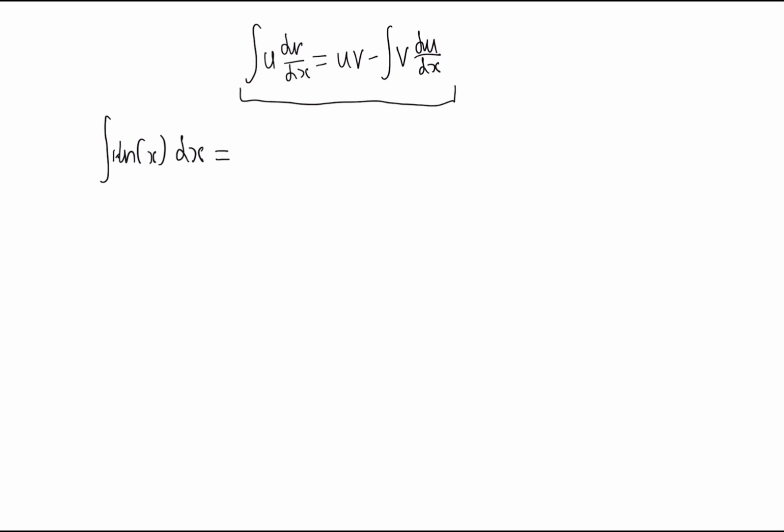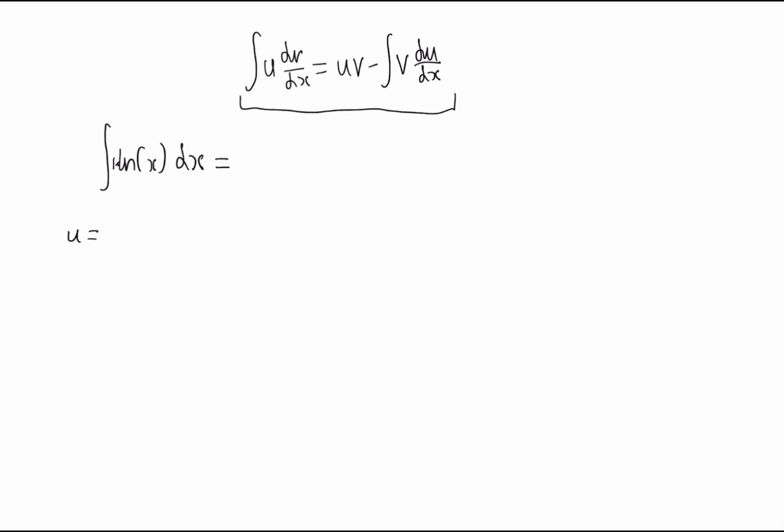So if we choose, well, we don't have much of a choice because we can't choose dv by dx as ln of x because we're trying to integrate that. So it'd be pointless choosing it. So we have to choose u as ln of x.